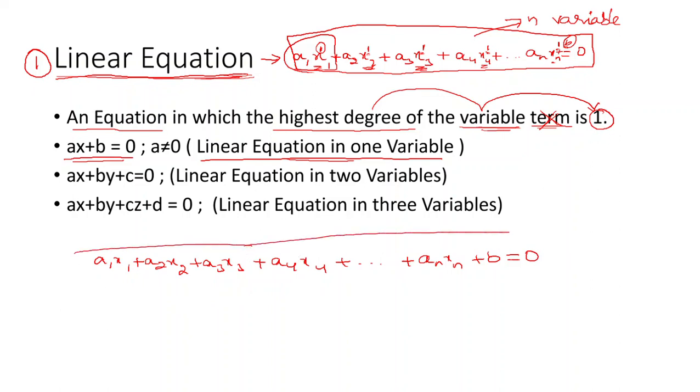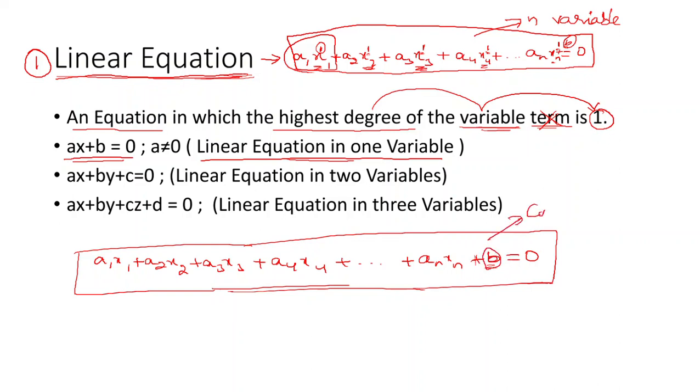So this is the form of a linear equation. This b is a constant term. Sometimes we call this an absolute term as well.